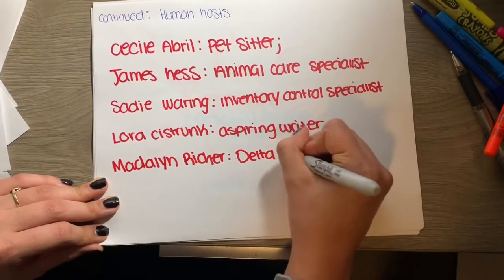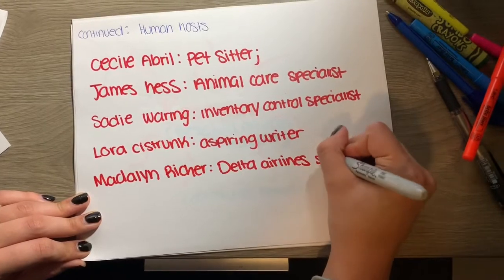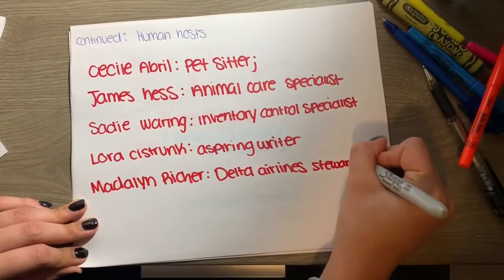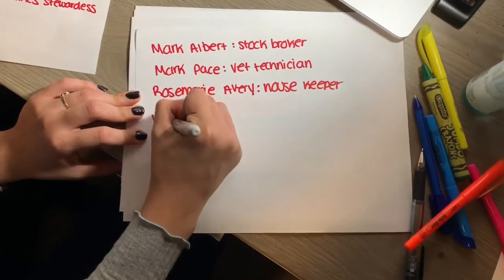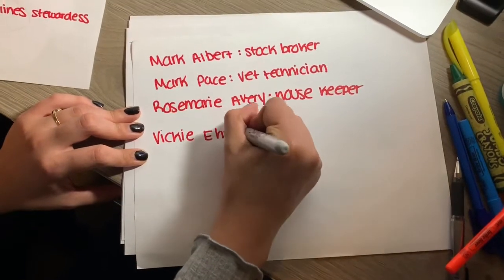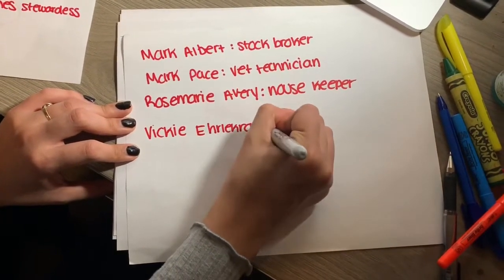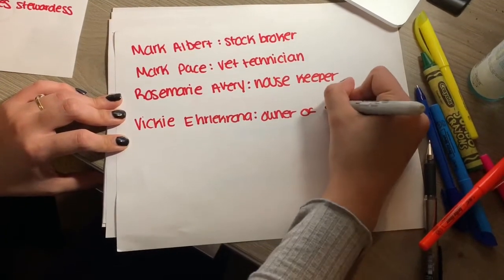Laura Sistrunk, aspiring rider, infected at her residence during the flea infestation from a recently adopted cat. And Madeline Richer, Delta Airlines stewardess, infected during a flea infestation from an adopted cat. We also have Mark Albert, a stockbroker, infected during a flea infestation at his residence. Mark Pace, a vet technician, infected while treating flea-ridden animals.